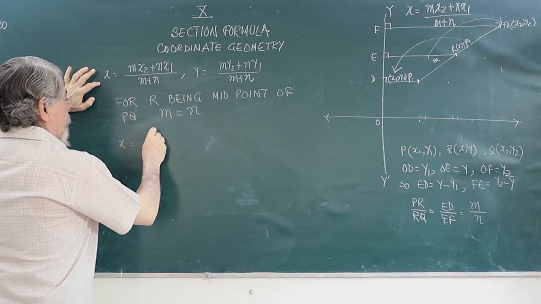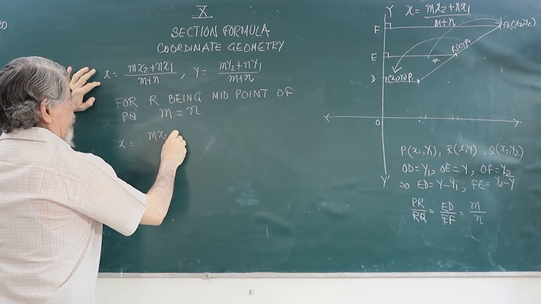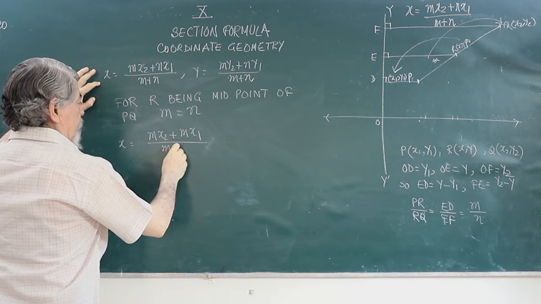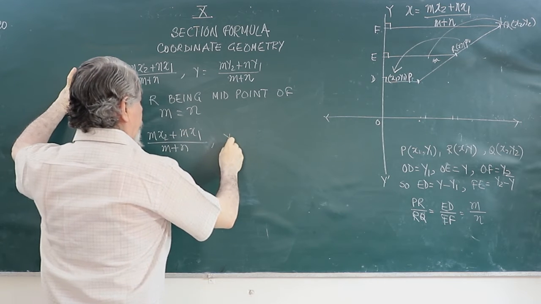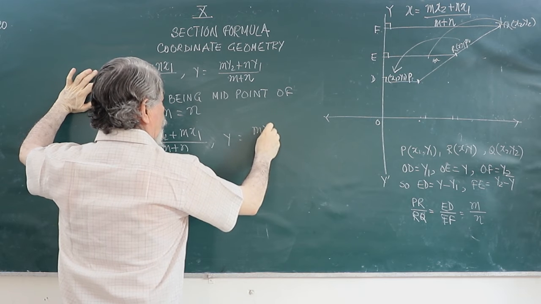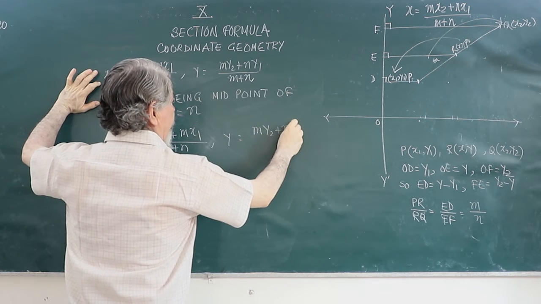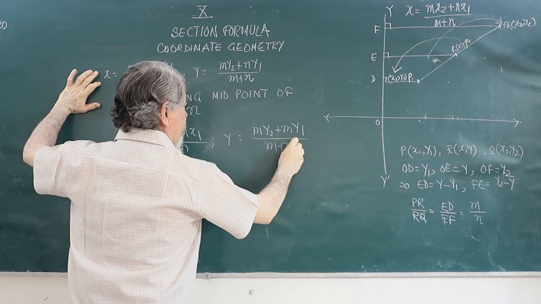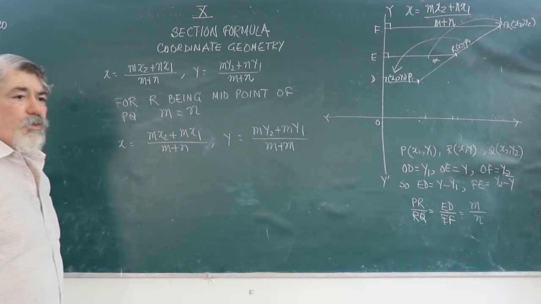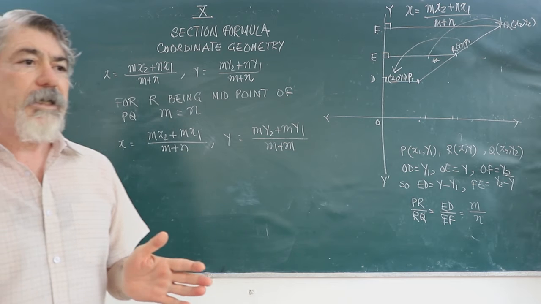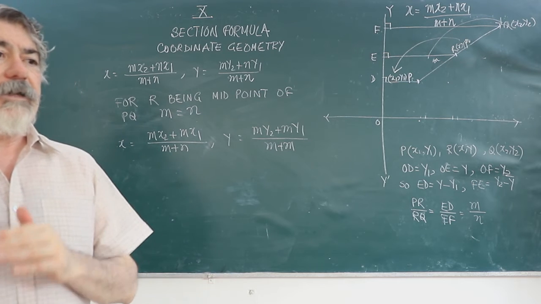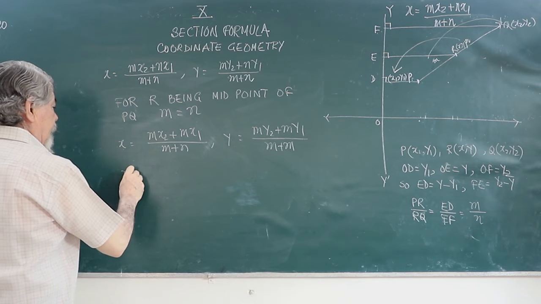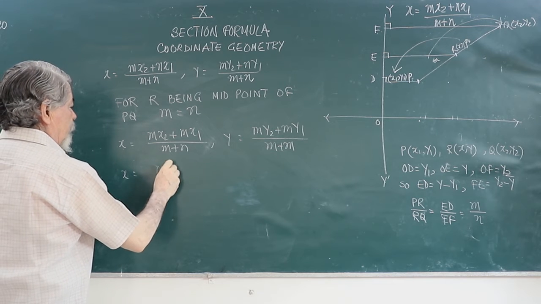x will be (mx2 plus mx1) upon (m plus m), and y will be (my2 plus my1) upon (m plus m). We are putting in place of n equal to m, as m and n both are equal. So let us see what we get. m is common in the numerator.